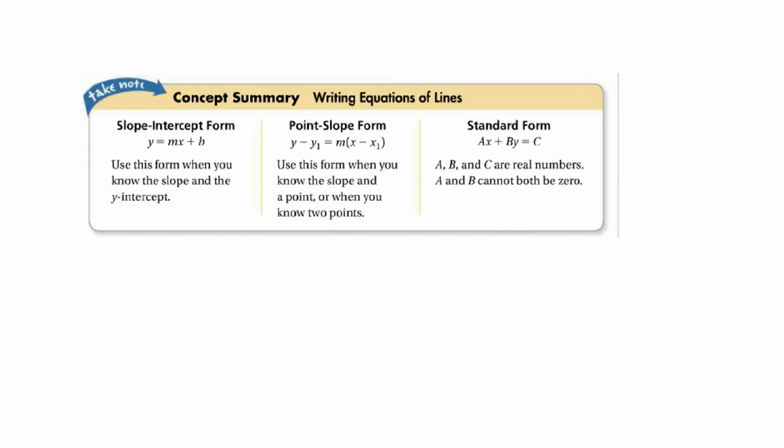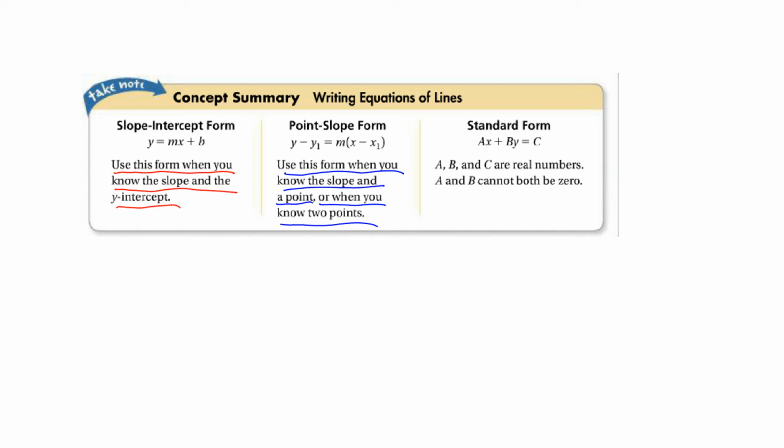So to summarize, when we have slope-intercept form, y equals mx plus b, you want to use this form when you know the slope and the y-intercept. For point slope form, we want to use this form when we know the slope and a point, or when you know 2 points.